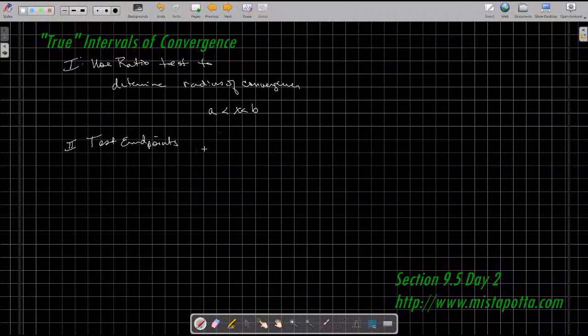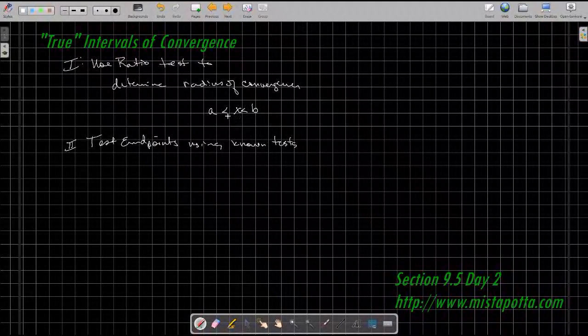And we're going to be testing the endpoints using known tests. So in other words, all of the tests that we've talked about in section 9.4 and section 9.5, we're going to use those tests to see, well, do we truly have equality at these endpoints?